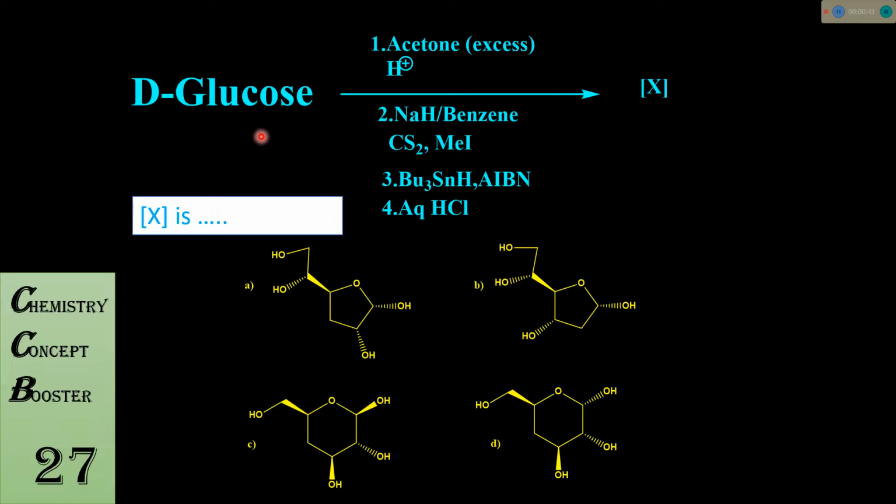So this is the question. If we treat D-glucose by this series of reagents, then what will be the product? I just want to give you some information regarding this question: in GATE 2020 the same type of question was asked, not this question, just using D-glucose treated with excess acetone in acidic medium.